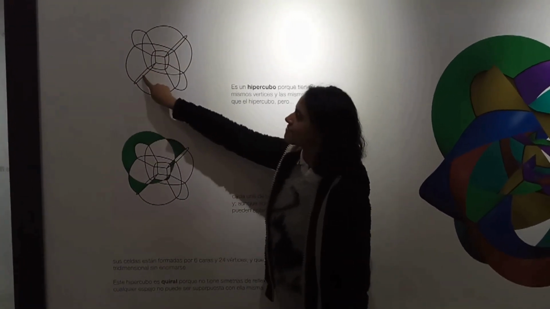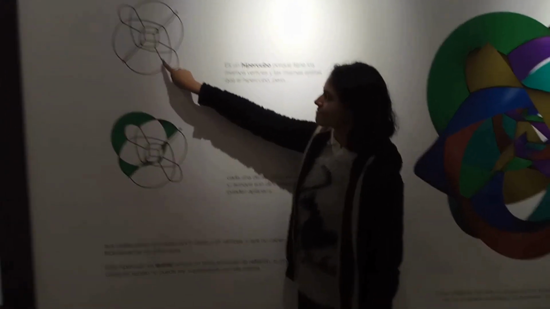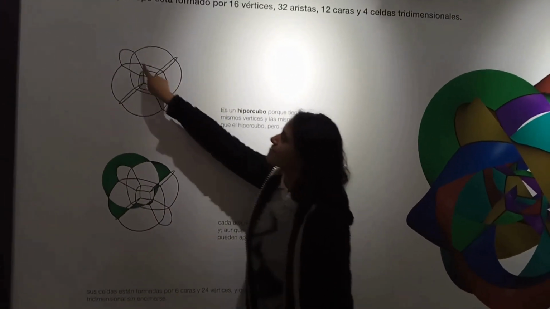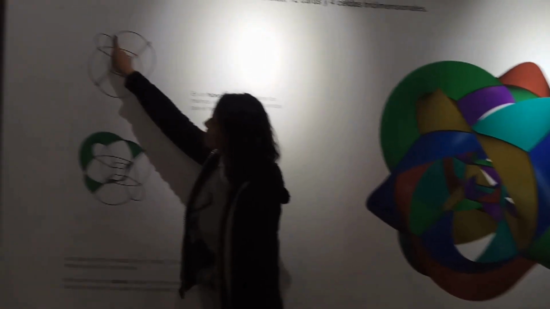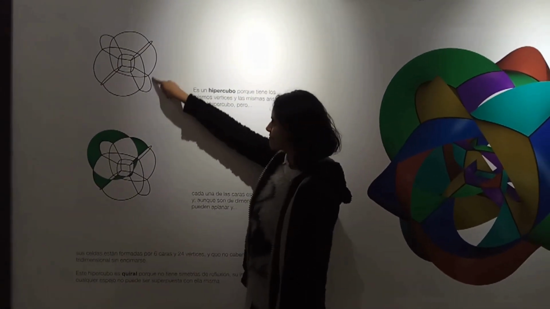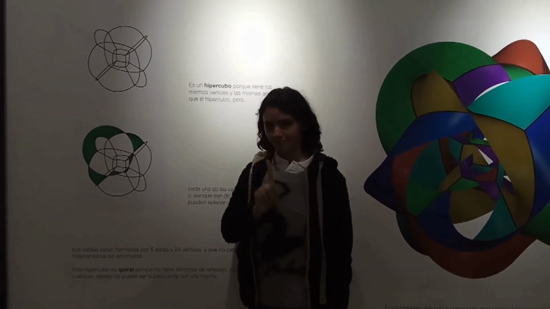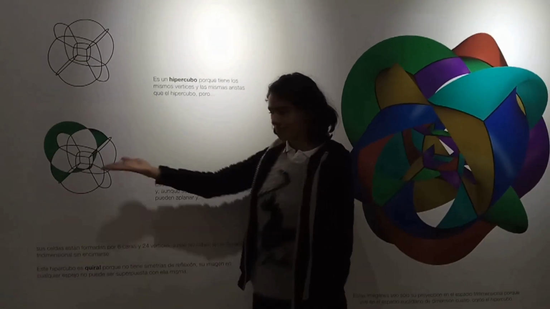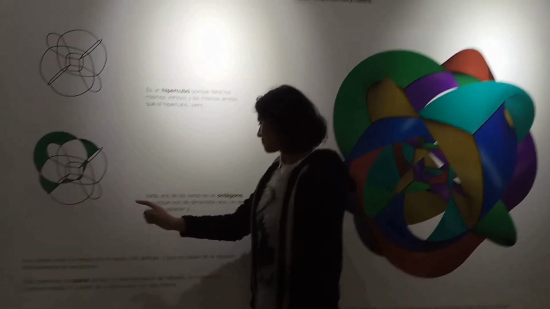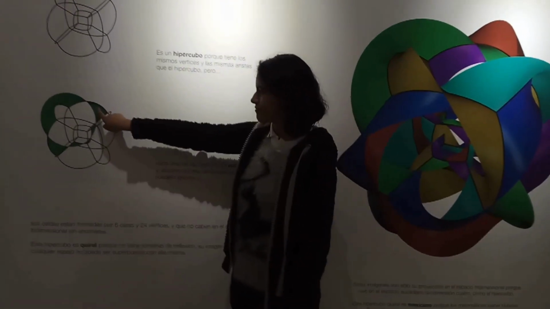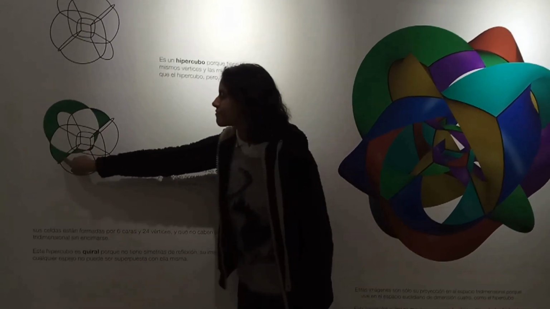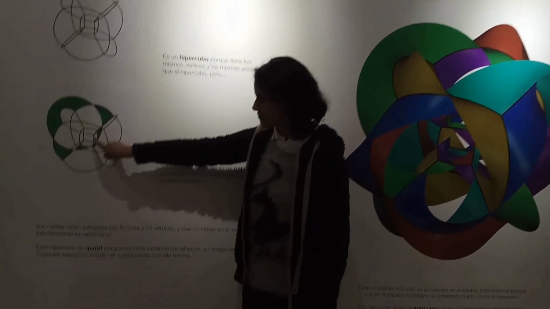It is a hypercube because it has the same vertices and the same edges as the hypercube, but each of the faces is an octagon, and although they are of dimension two, they cannot be flattened.